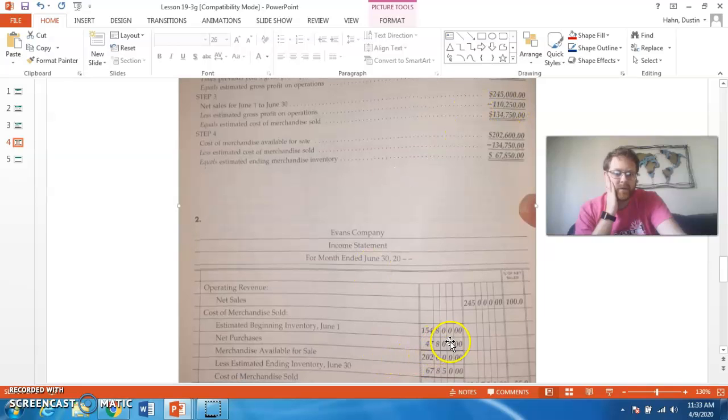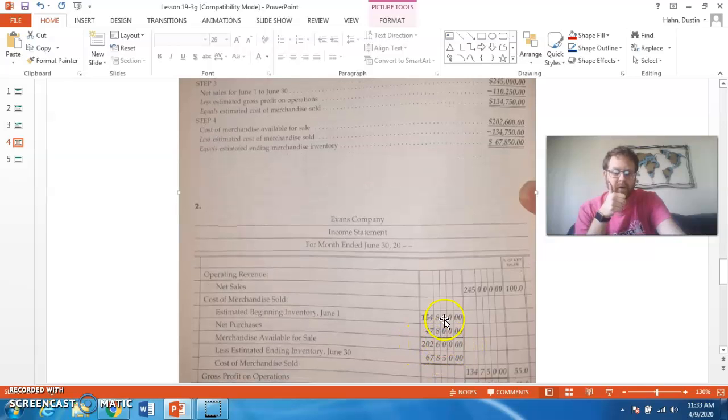So 47.8, bring that down here. Here's your merchandise available for sale. Right now you have $202,600 of merchandise that is available for sale right there. However, we added these two up. Got a little subtotal, but then now we're not done with it yet. That's why it's still in this first column, because we still now have to subtract from it.